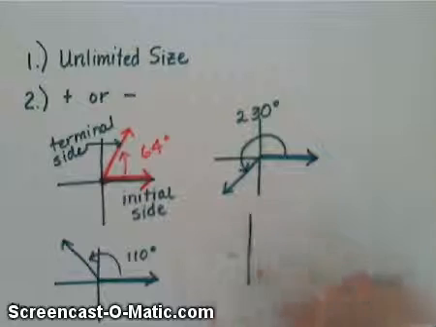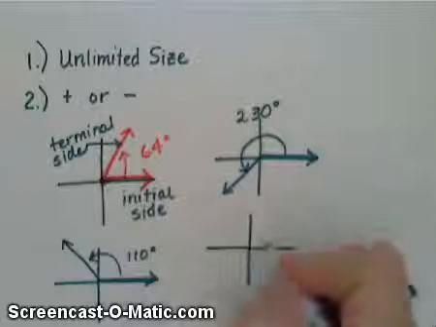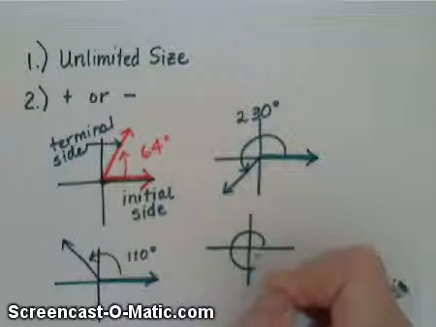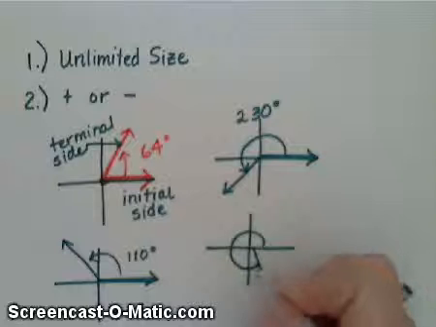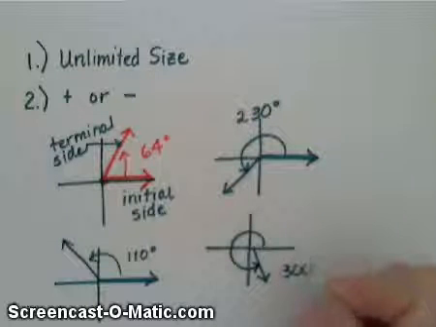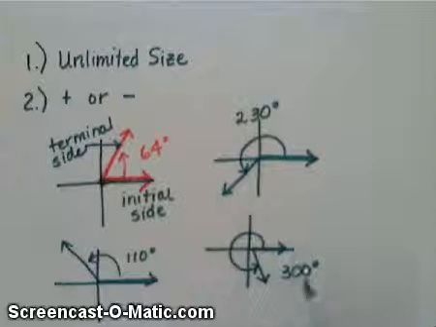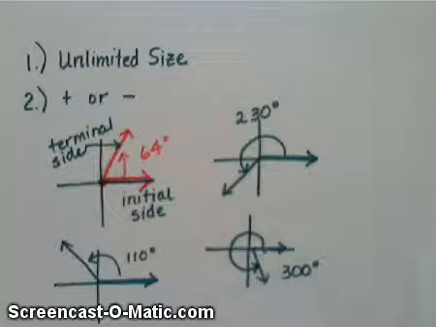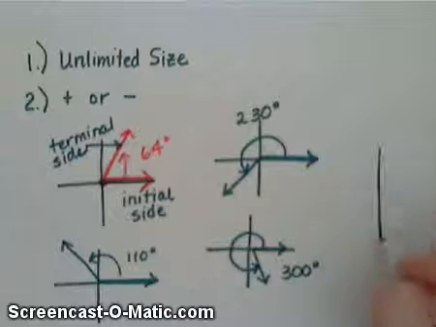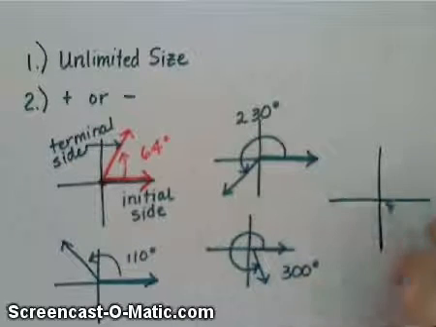Now, this would not have been possible in geometry where we were limited to 180 degrees. And in my fourth example, I'm going to show you how we can go around maybe even to here and call that a 300-degree angle. Again, starting here at the positive side of the x-axis, and moving around. And then finally, in my fifth example, there's no reason that we could not go even more than once around.